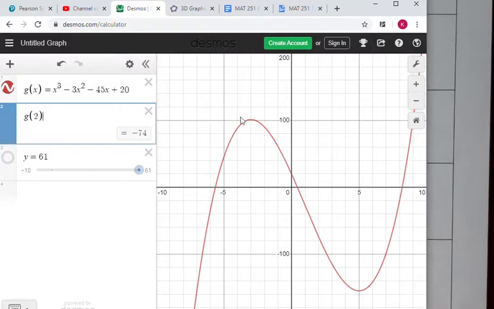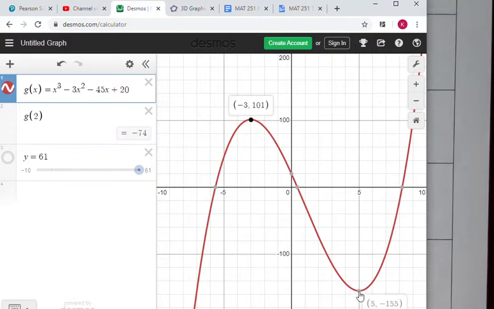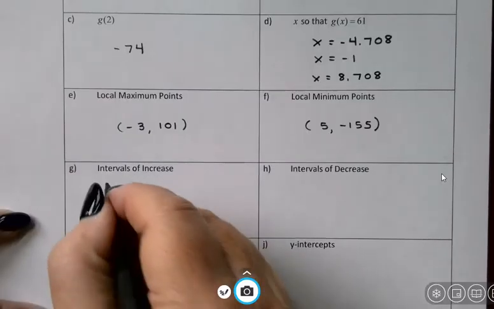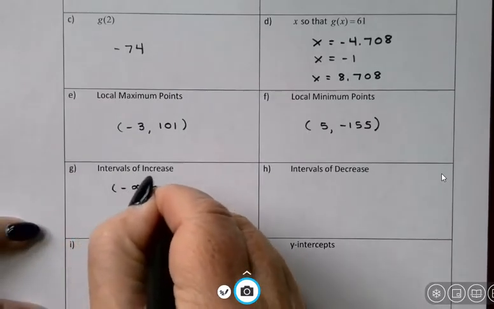All right, so once again, I'm going to get the maximum point to show up and the minimum point. And I'm going to notice that this graph is going up. It's rising until we get to x equals -3. So this graph is increasing from -infinity until -3. That's an interval of increase.